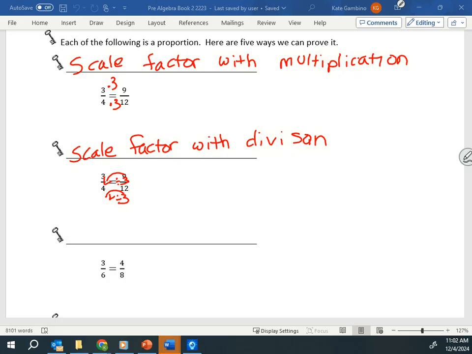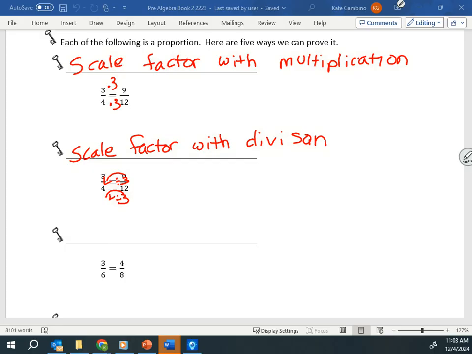Sometimes we don't know what we multiply up by, so we divide backwards, right? So the proportions could be multiplying up or dividing back. You get the same equivalent fractions, so we know that they are proportions. Do those two make sense?